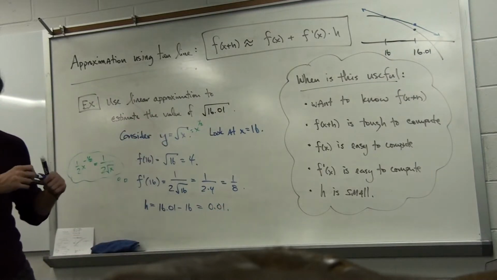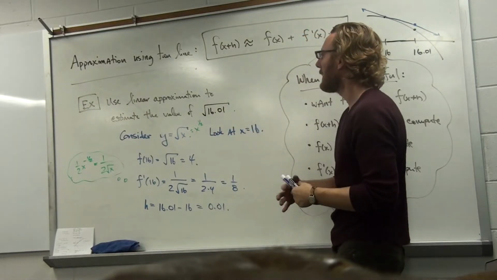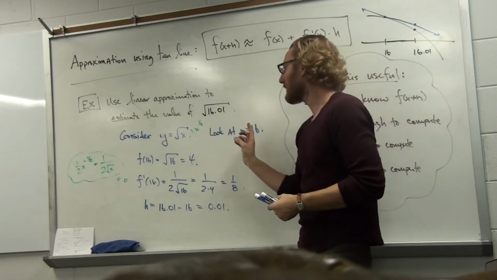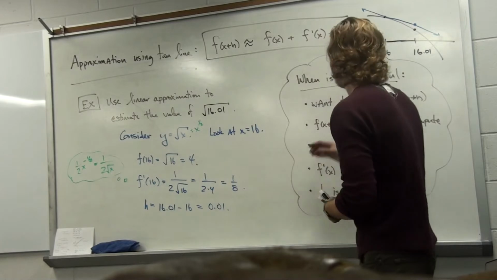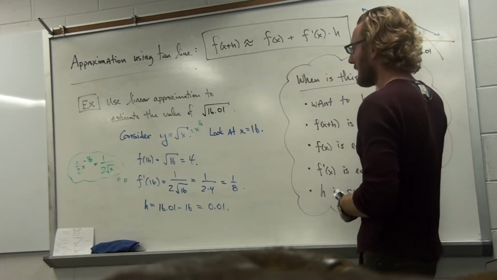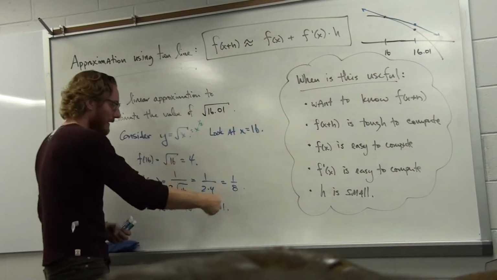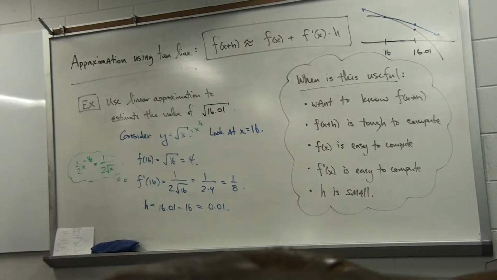If I could just make a note here, what if we wanted to do 15.99 or 15.9 or something to the left of 16? Whereas the change in x here is positive and we're moving to the right, if we were looking at 15.9, the h would be negative.